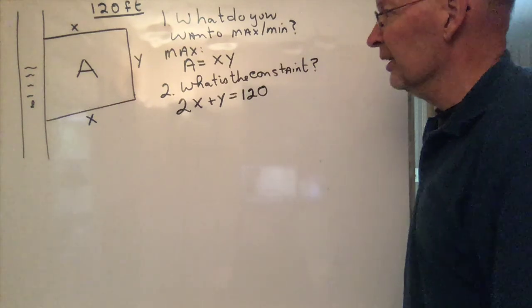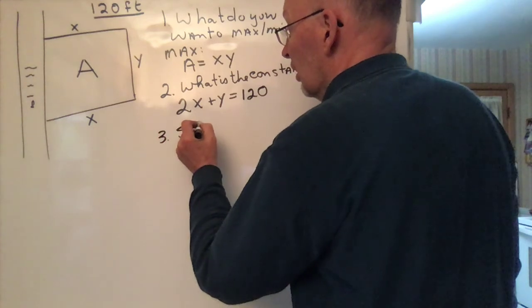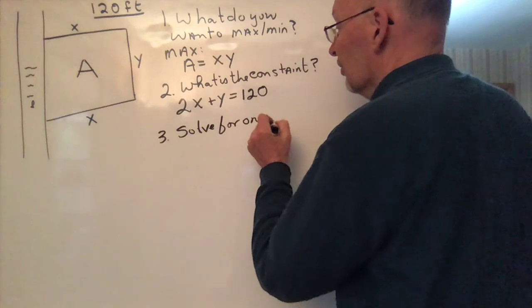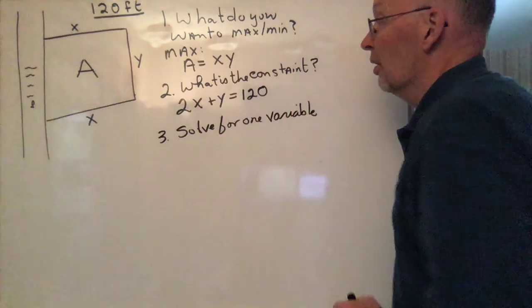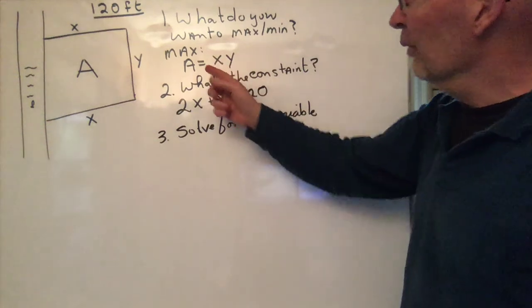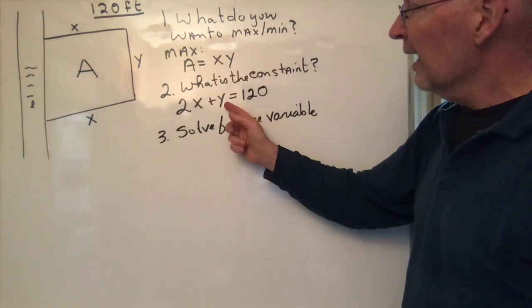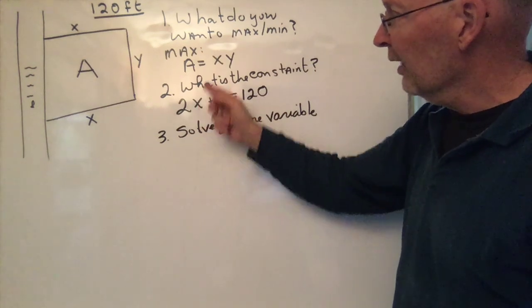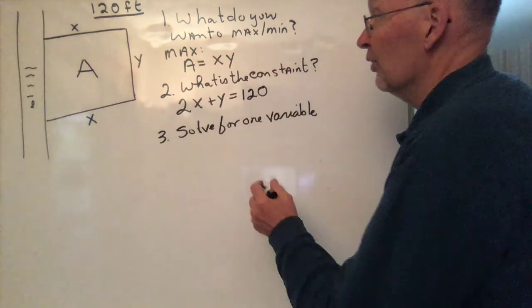So there's the constraint. The third step is to solve for one of the variables. Okay, so notice that right here you have area as a function of two variables, and now if I can use this to get one in terms of the other, then I'll be able to get area in terms of just one variable. So here we go.